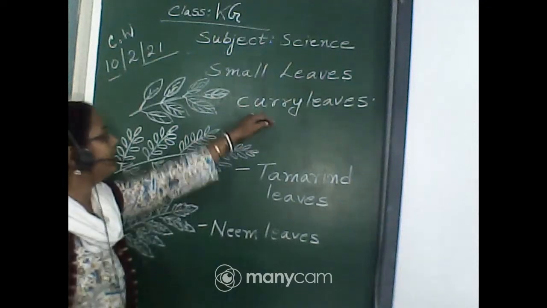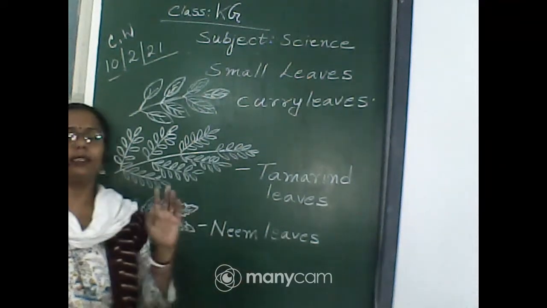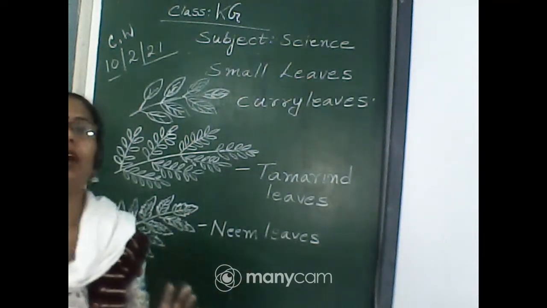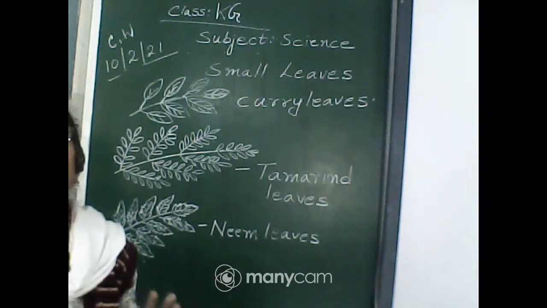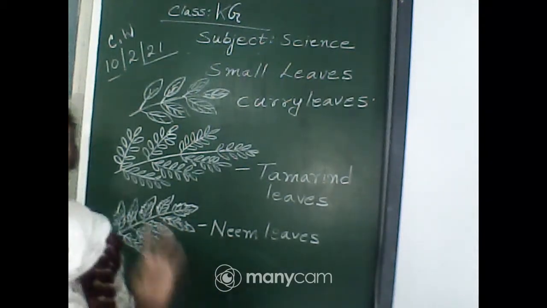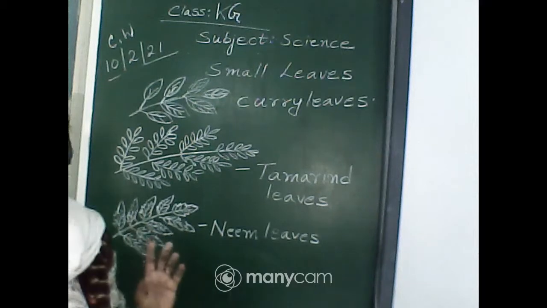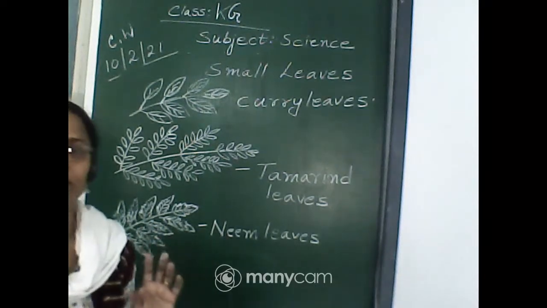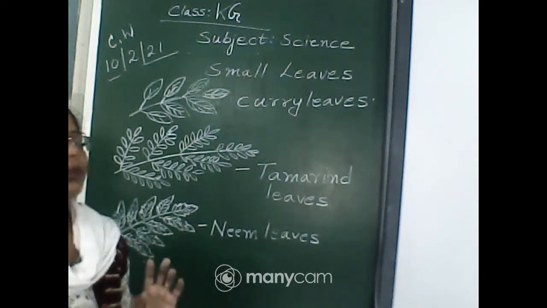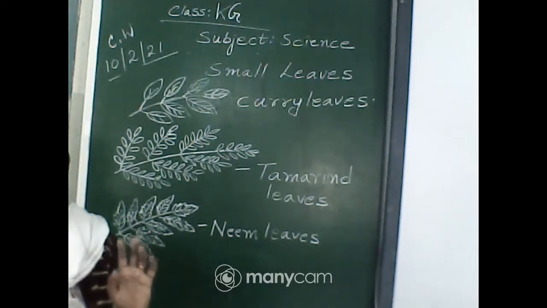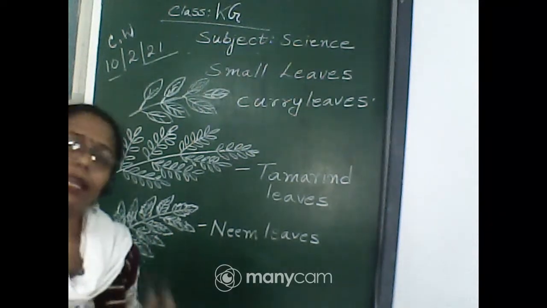we labeled them. As I told, in science every time you have to draw the picture and you have to label them, you have to write the name, otherwise you will not score full marks. Okay, so it's the rule of science diagram, you have to label them.